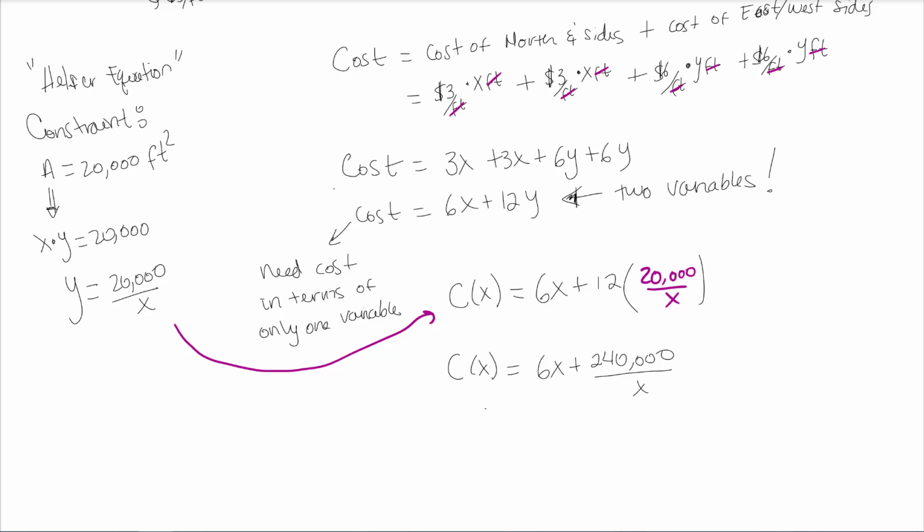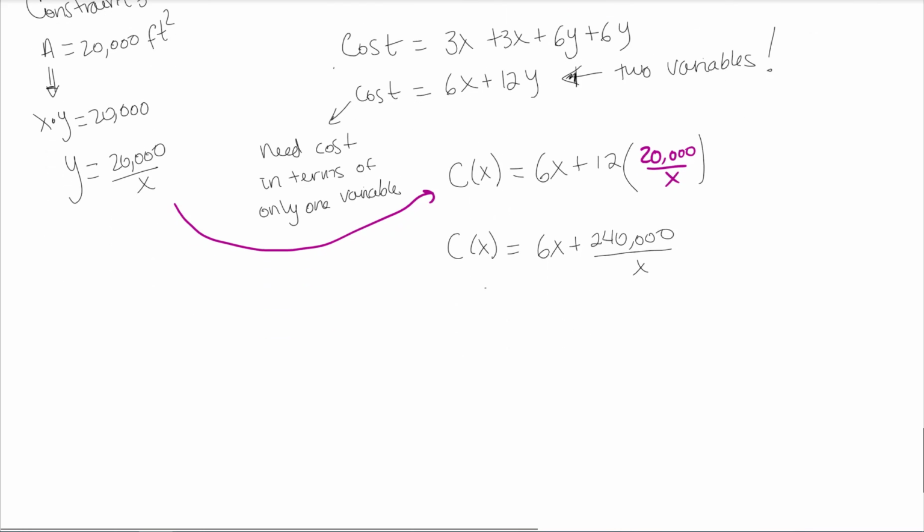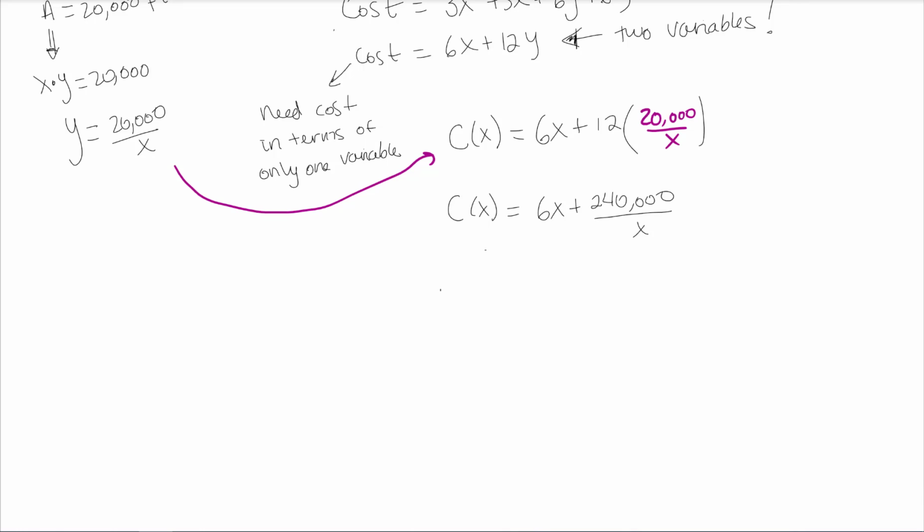Notice that before I just said cost and I had two variables. Once I've used my constraint helper equation to solve for one of the variables, substitute it back, and now that I have it in terms of one variable, I give it the function notation of the cost as a function of x. And now I want to minimize the cost.